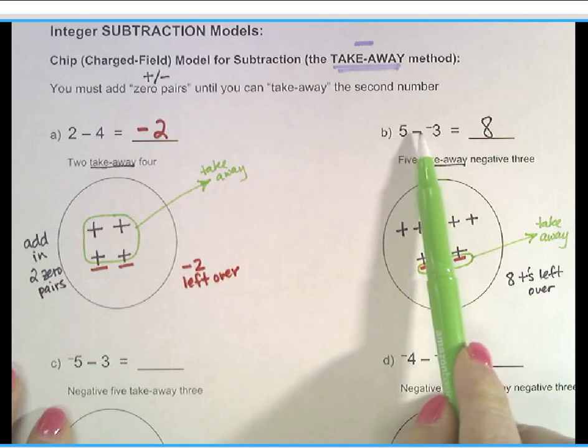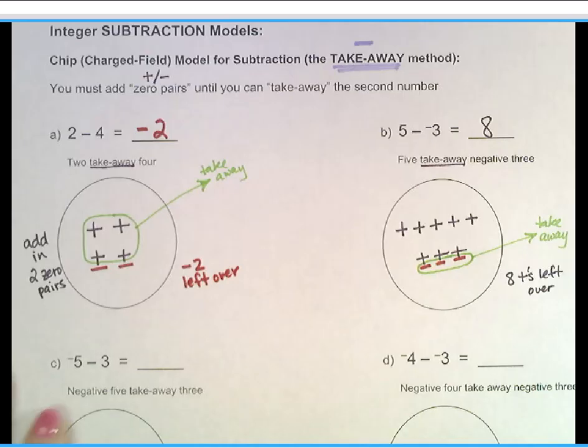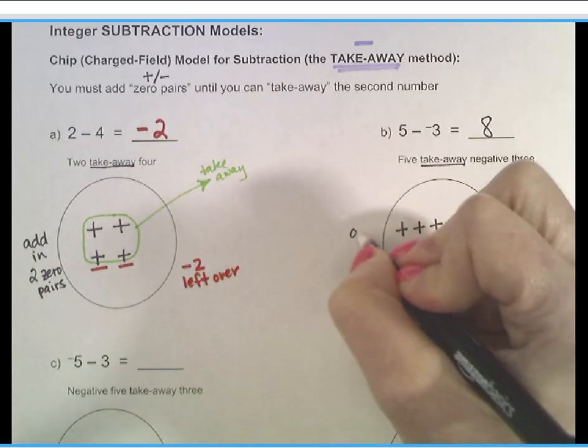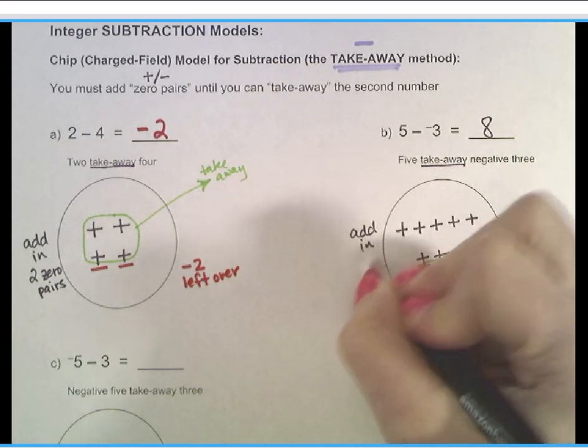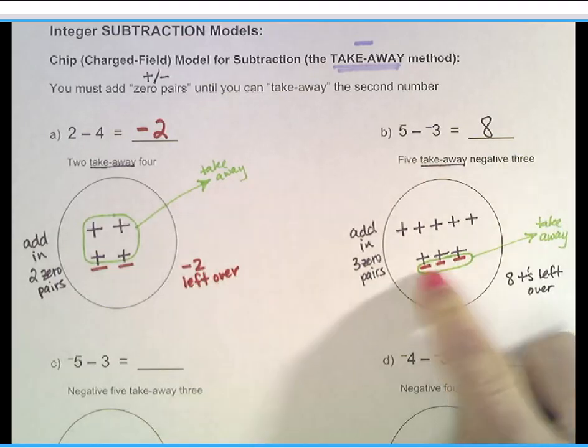A lot of you were taught to just change the double negative to a plus, and that's fine. We're going to talk about that later. But this explains why you get a positive answer. So we had to add in 3 zero pairs so that we would have 3 negatives we could take away.